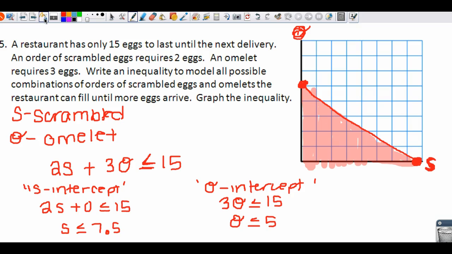So I could make 6 sets of scrambled eggs and no omelets. I could do 3 scrambled and 2 omelets. I could do 2 scrambled and 3 omelets, and so on and so forth. I cannot make 6 omelets though, because it is outside my region. Does that make sense?